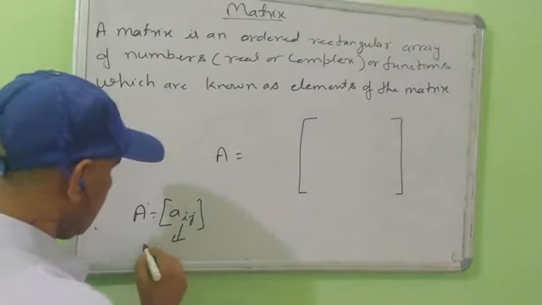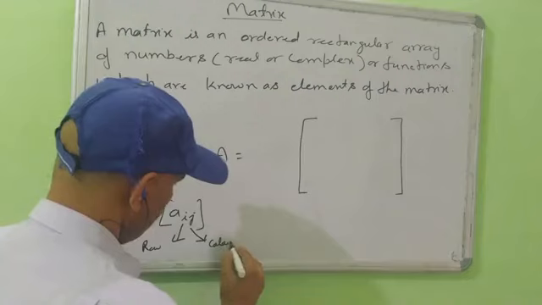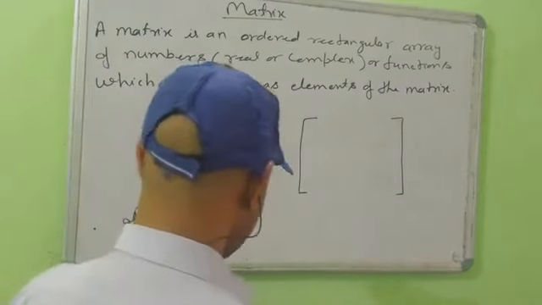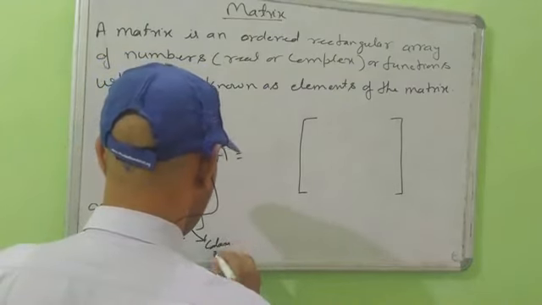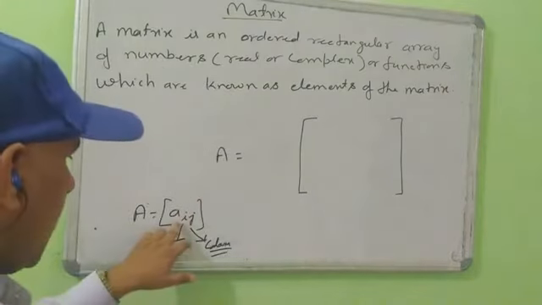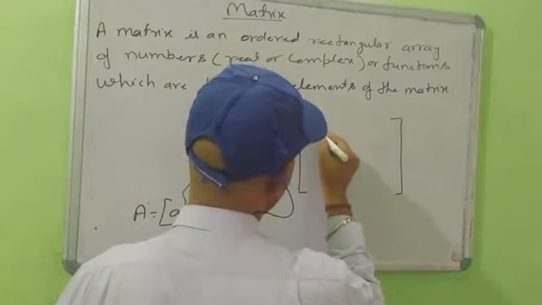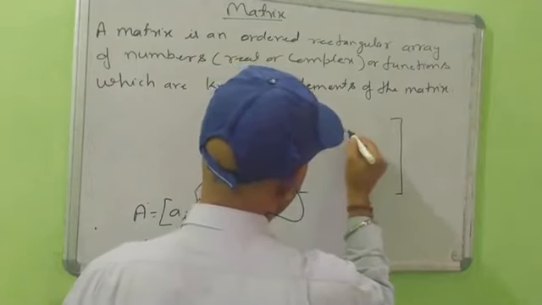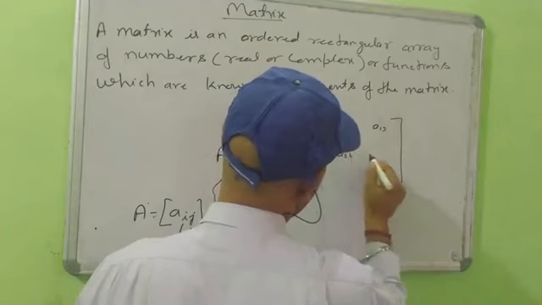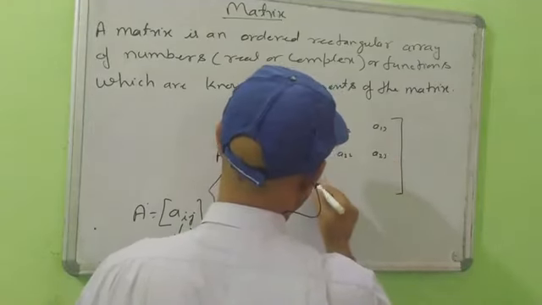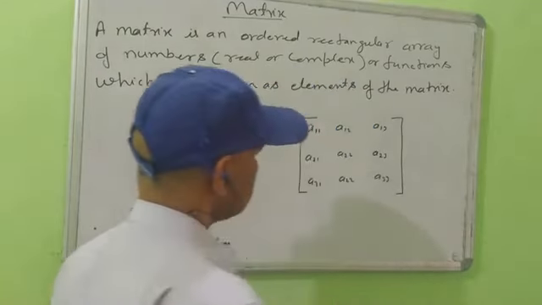I represents rows, and J represents columns. For example, a11, a12, a13, a21, a22, a23, a31, a32, and a33. So this is the matrix.